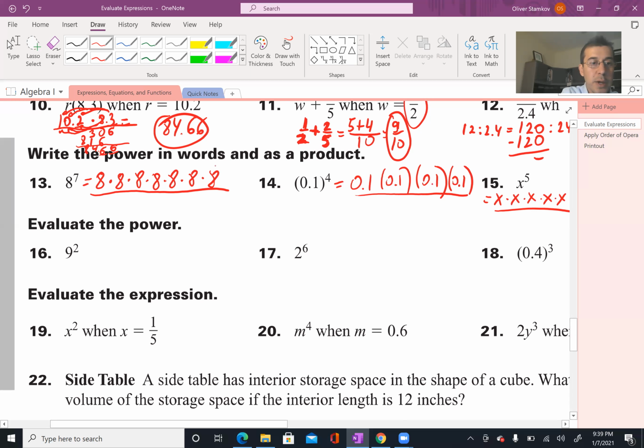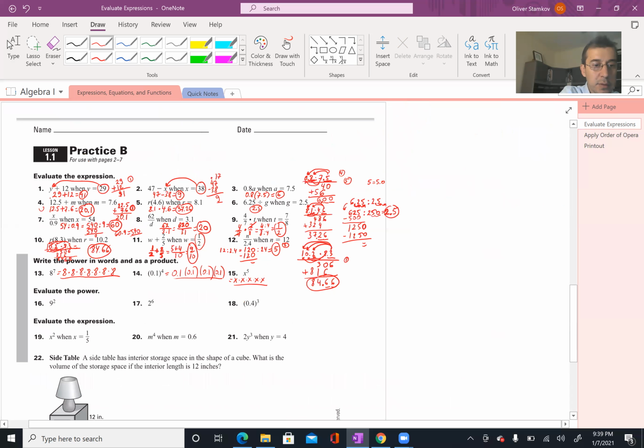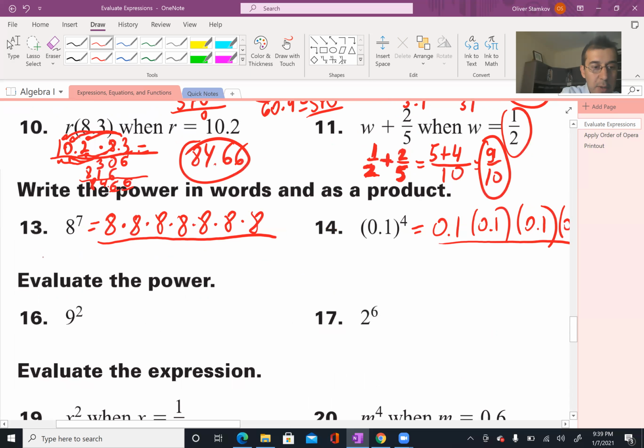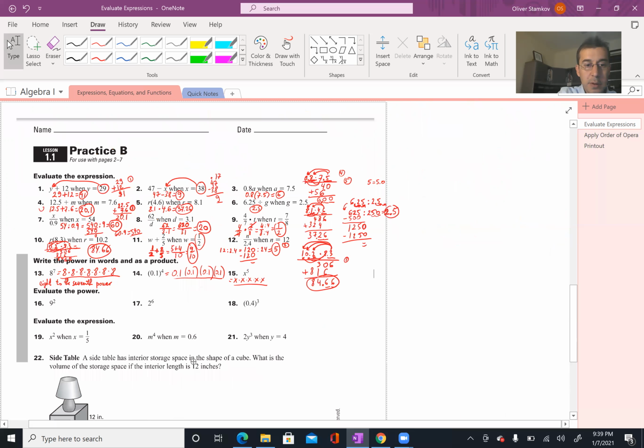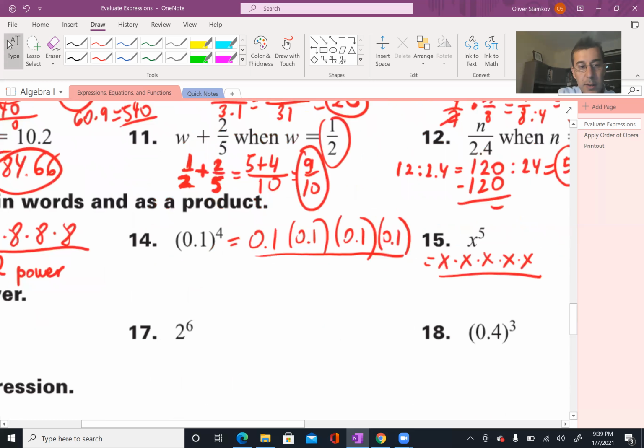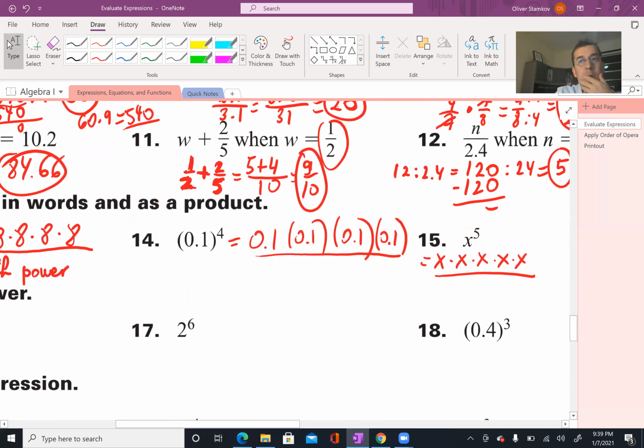Now, in words, how would we write this? So this would be 8 to the 7th power, right? Okay, this would be 0.1, or 0.1 can be represented as 1/10.